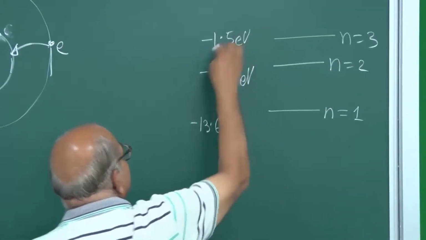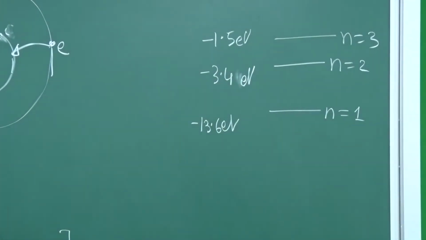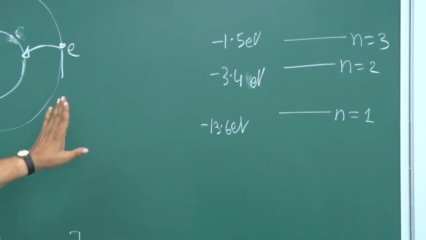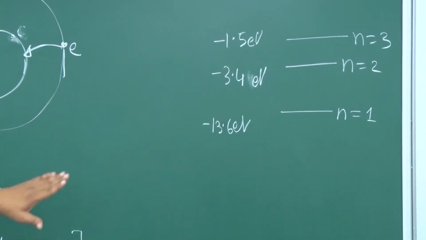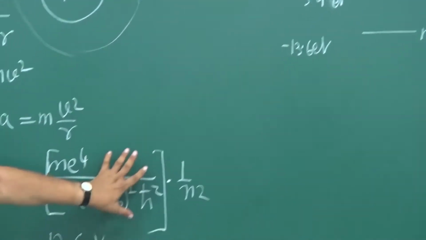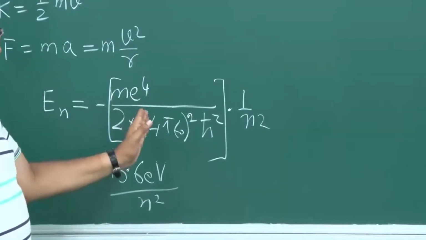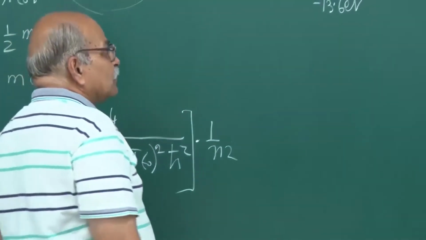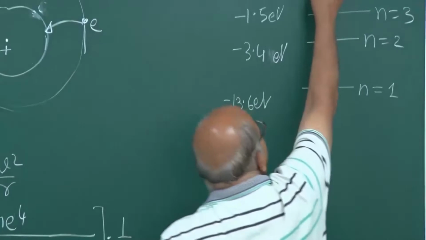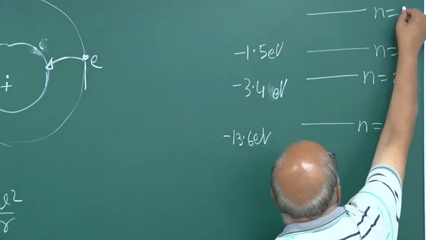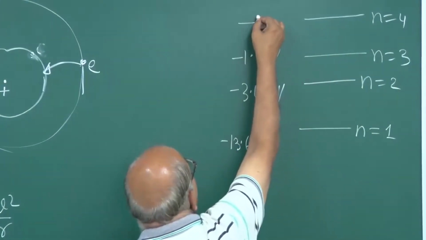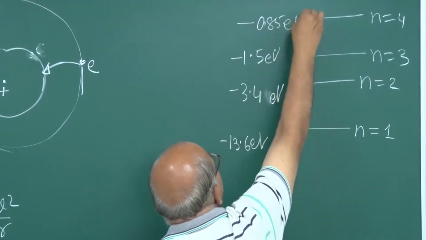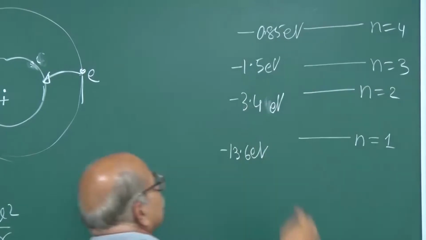These numbers which I am giving are not accurate up to 3, 4, 5 significant digits. I am giving you the broad values, but this is the right expression, and you put in the values and get the exact energies from here. Similarly, for n equal to 4, you will have this divided by 16, so it will be minus 0.85 eV, I believe. Like that you can go beyond.